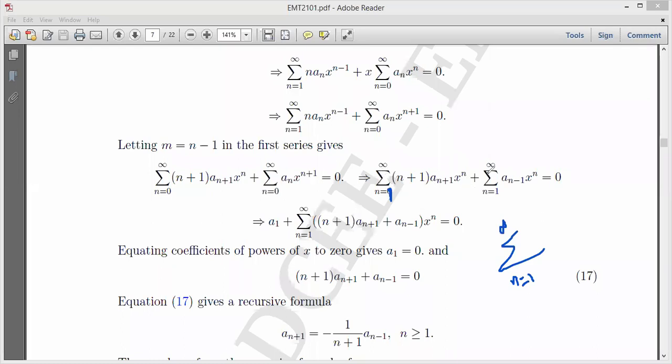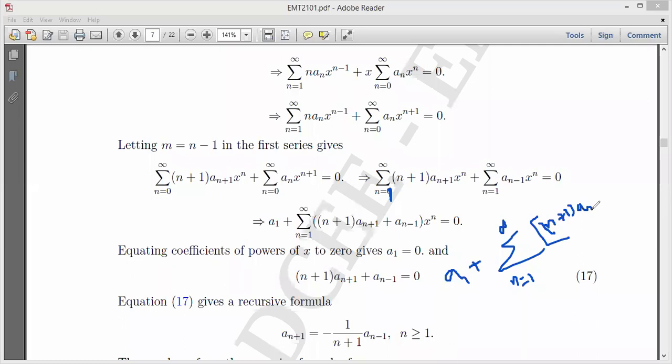So what do we have as something different? But remember, we had already substituted 0 here, and we got a1. This is plus. So we need to separate here. So what do we have? We have something like this. If I use a box bracket, we'll have n plus 1 into an plus 1. This will be n plus 1, close brackets, into an plus 1.